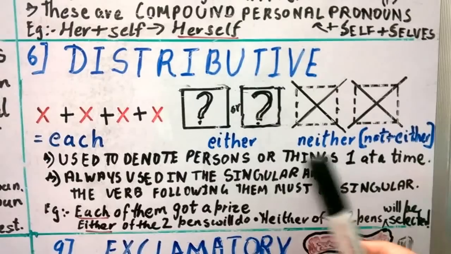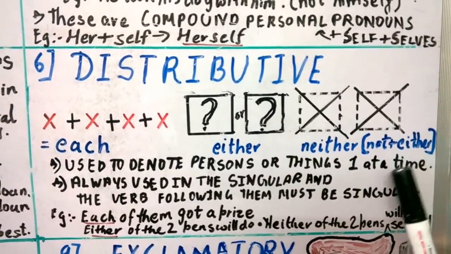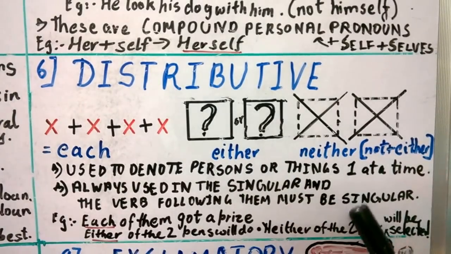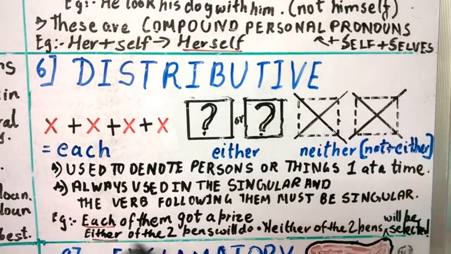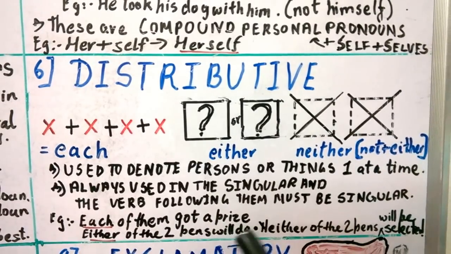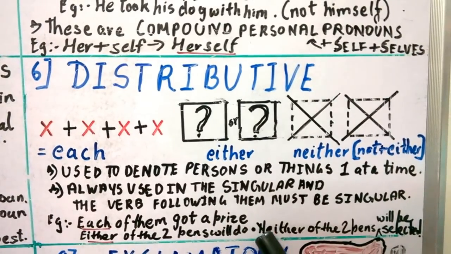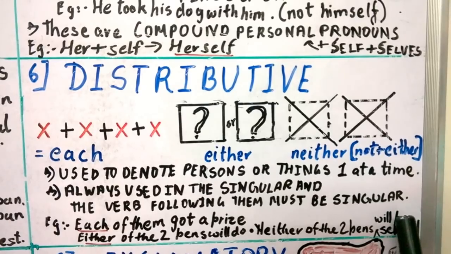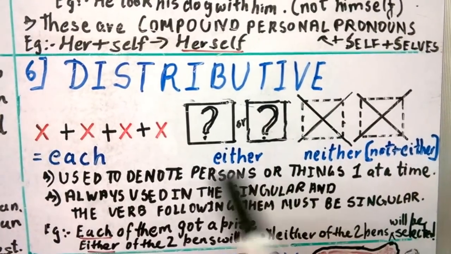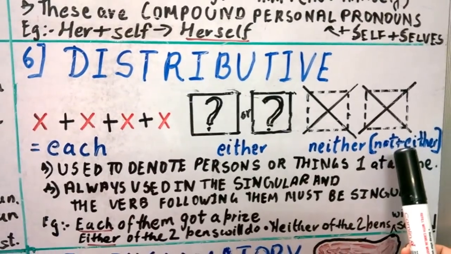That is the reason, because it denotes a person or thing one at a time. So it is used as a singular, and the verb following them must also be singular. For example, each of them got a prize. Either of the 2 pens will do. Another example, neither of the 2 pens will be selected. So this is all about distributive pronoun, which has each, either, and neither.